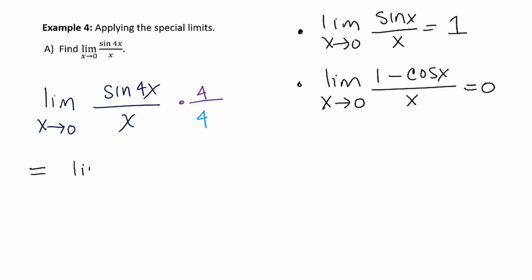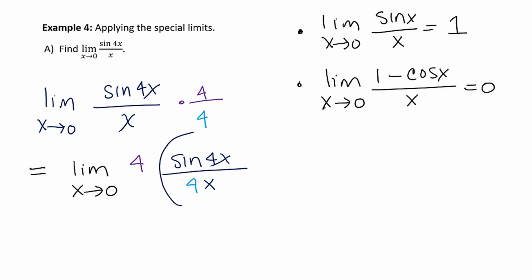Rearranging a little bit without changing the value, I'll have the limit as x approaches 0 of 4 times the sine of 4x divided by 4x. Now we can use the first special limit property on the sine of 4x divided by 4x.